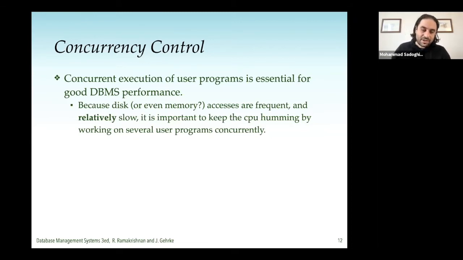Jim Gray won the Turing Award for his work on transactions in databases. There are several people who won the Turing Award in databases. Jim Gray is one of them. And Codd, who invented the relational system, also won the Turing Award for his work in 1970.